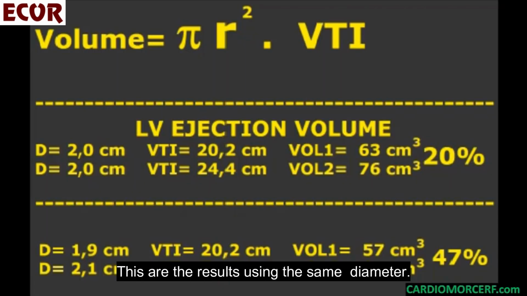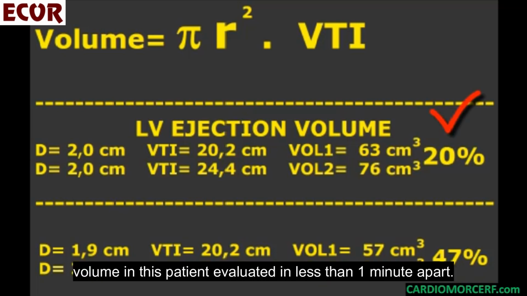These are the results using the same diameter we have measured at the left ventricular outflow tract, and these two different VTI of the same region. We may have a 20% variation of the ejection volume in this patient evaluated in less than 1 minute apart.